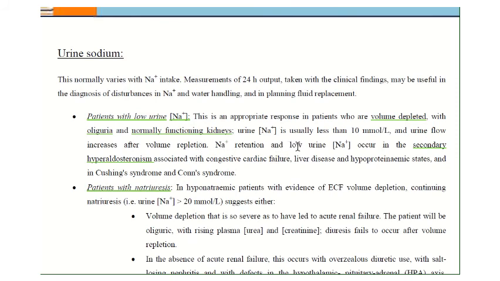Sodium retention and low urine sodium concentration occur in the secondary hyperaldosteronism associated with congestive cardiac failure, liver disease, and hypoproteinemic states, and in Cushing syndrome and Conn's syndrome.